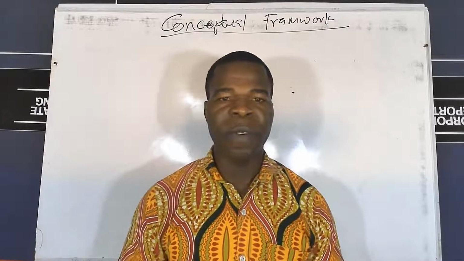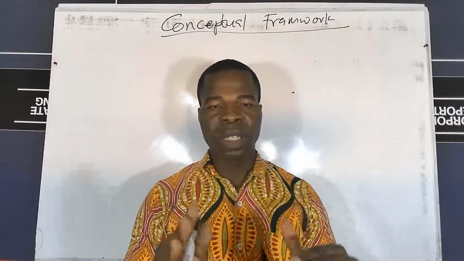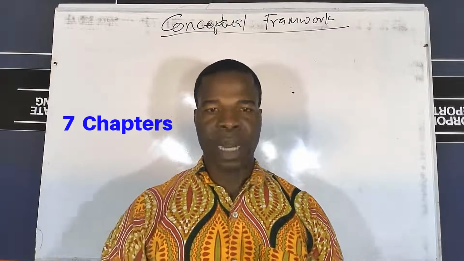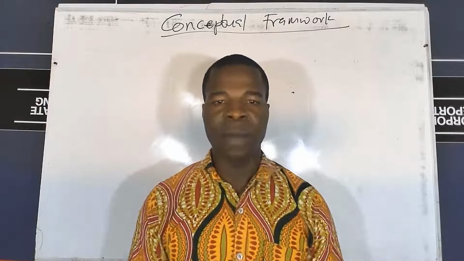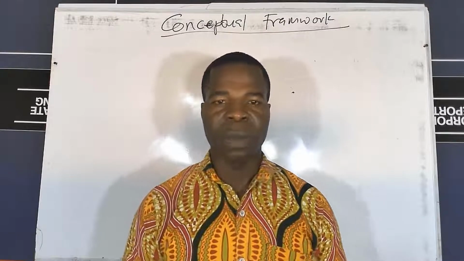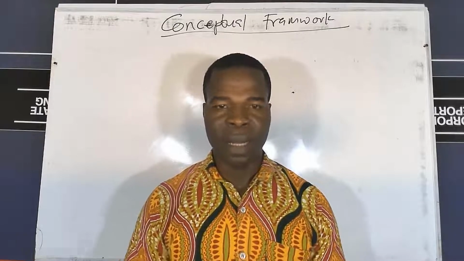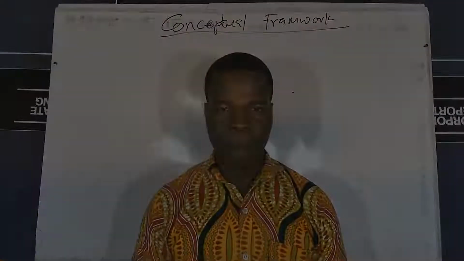The new revised conceptual framework has been grouped into 7 chapters. Once you are able to understand all the things that go into those 7 chapters, then you are good with the conceptual framework. So we'll take the chapters one after the other and see the items that are involved in each chapter.